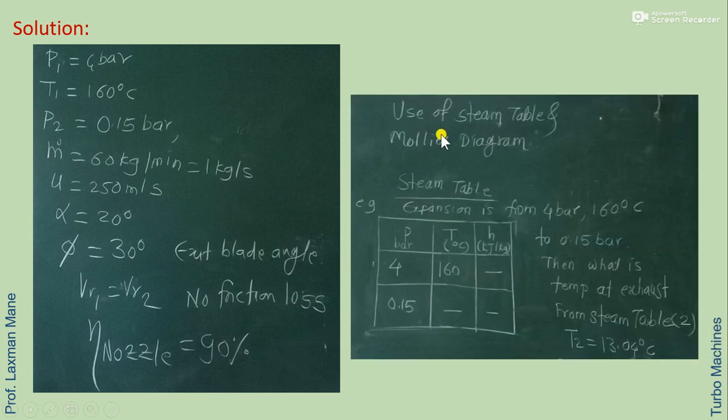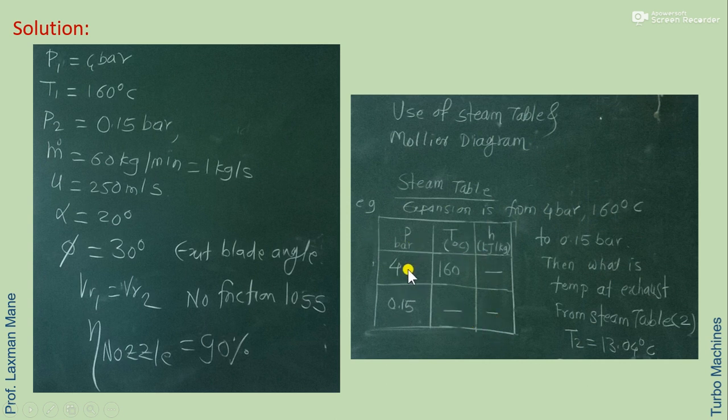So here we have to use Mollier diagram and steam table. Here expansion is from 4 bar and 160 degree Celsius steam to 0.15 bar. So we can have here this pressure column, this is temperature column, this is enthalpy column.